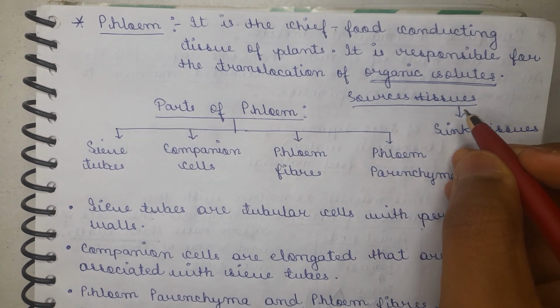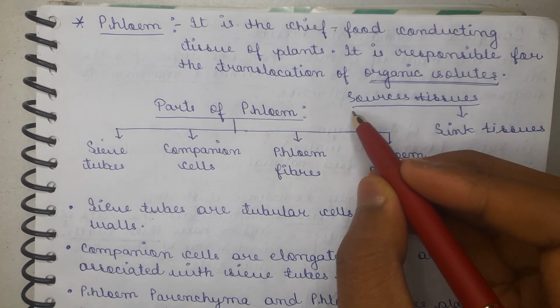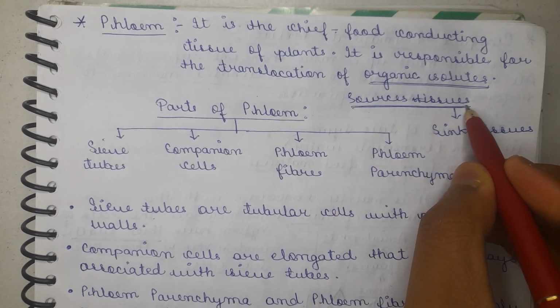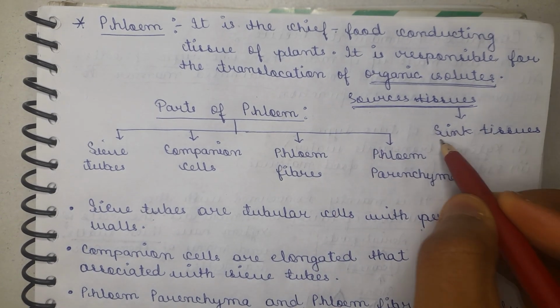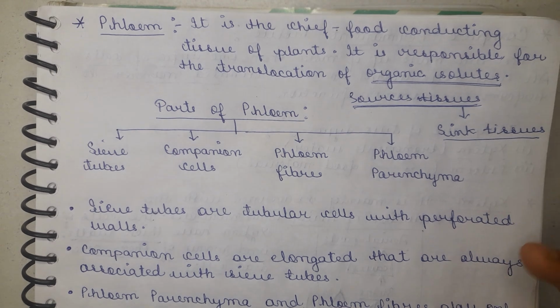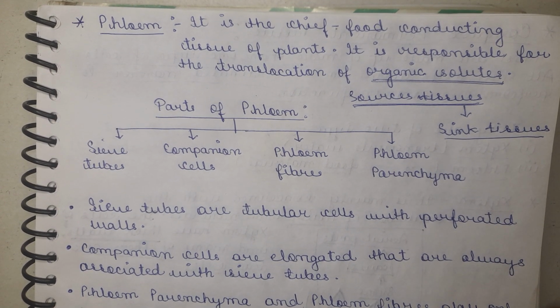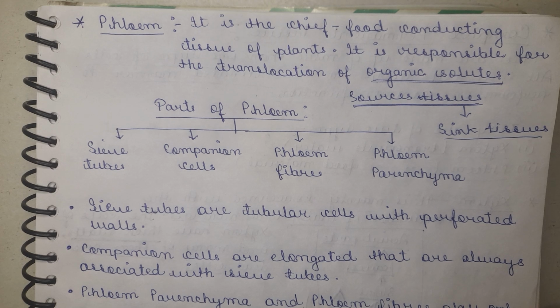At last we can conclude that phloem collects the food material from the source tissue where it is made to the sink tissues where it is stored, or used for growth, or for the recovery of different types of cells.